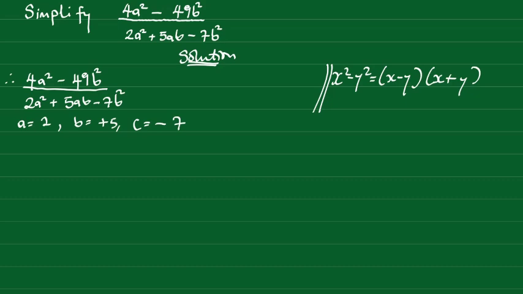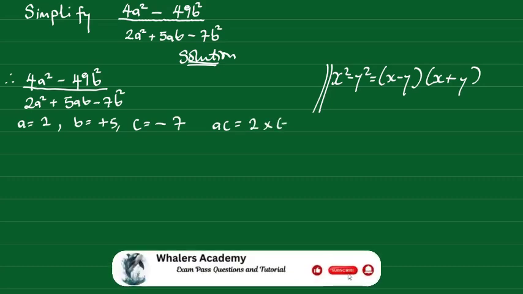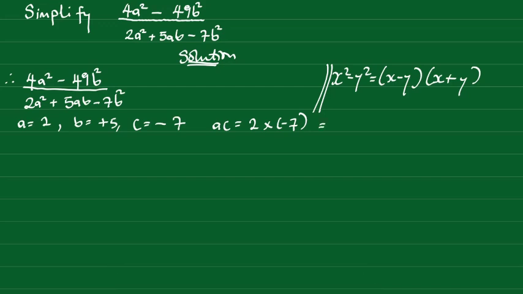Now, since our a is not equal to 1, we look for the value of ac, which is 2 times minus 7, and this gives us minus 14.